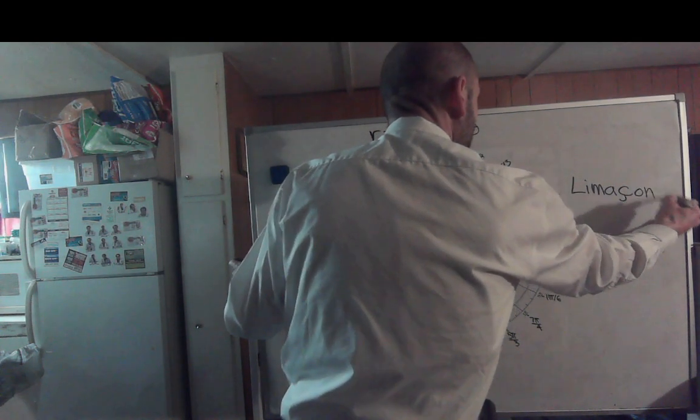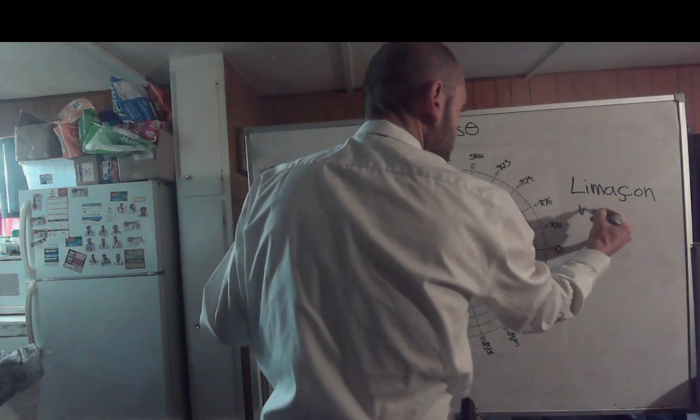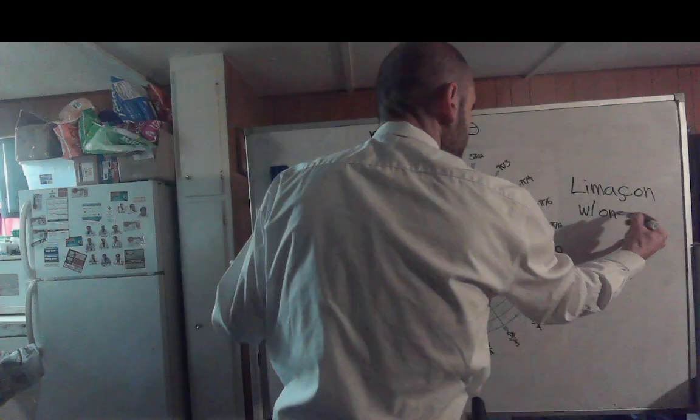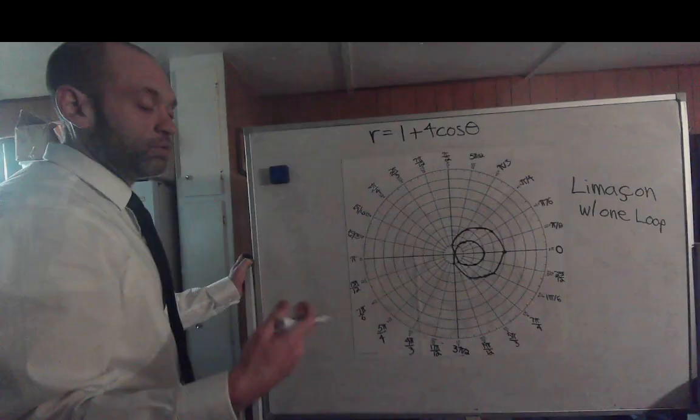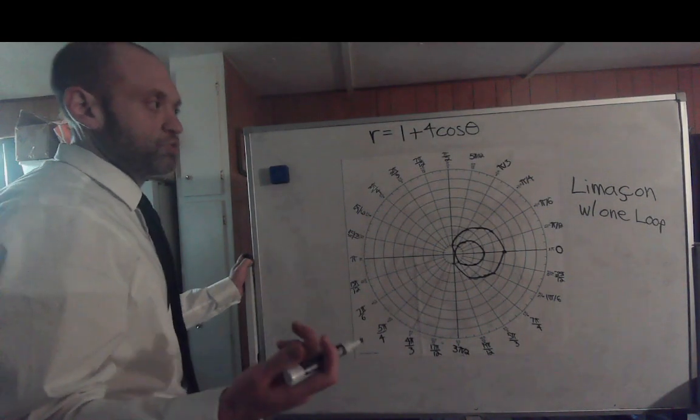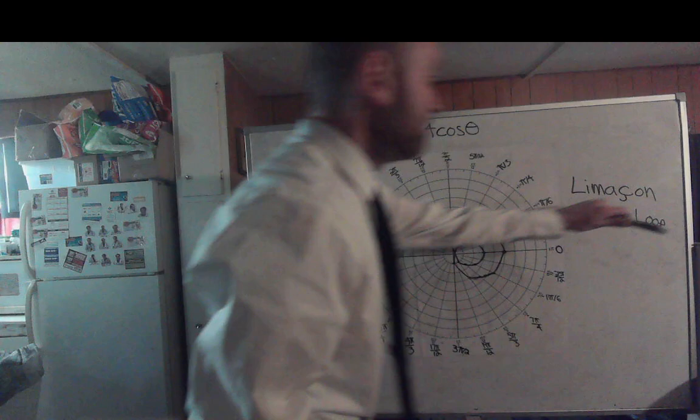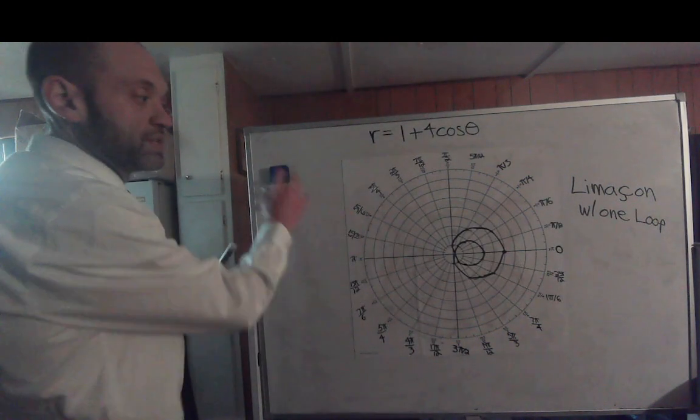That is what's called a Limaçon, in this case with one loop. You could have more than one loop, you could have no loop, or part of a loop, but this is a Limaçon with one loop in this case.